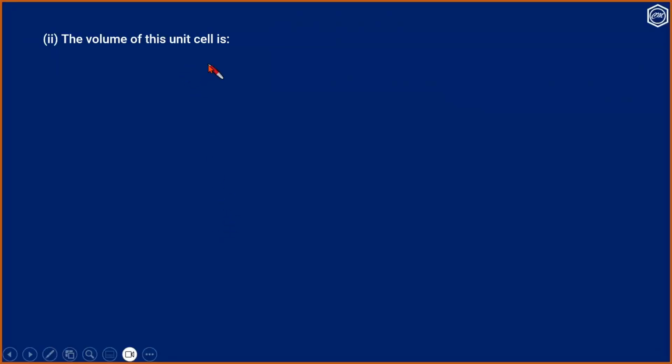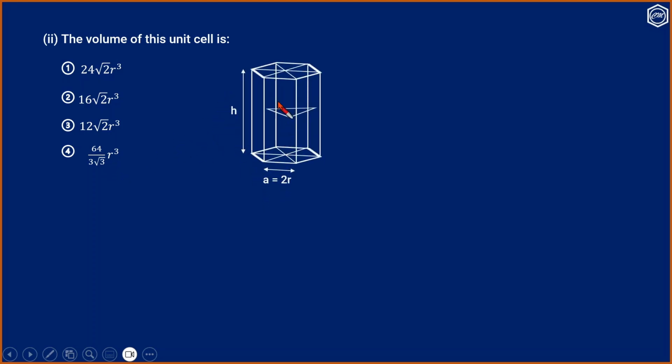The volume of this unit cell is 24 into square root of 2 r cube, 16 into square root of r cube, 12 into, then 64 by 3 root 3 r cube. So this is the hexagonal prism, the unit cell, and we have to find out the volume of this HCP structure.